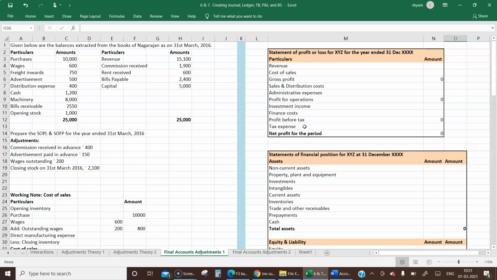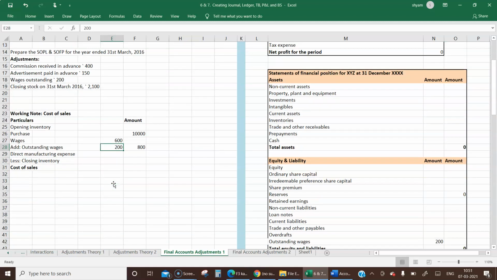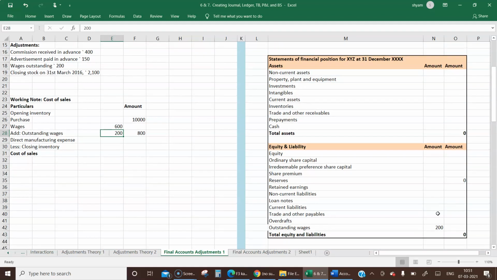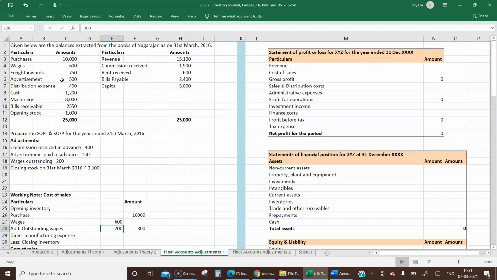Okay, so we have to show the outstanding in two places. Once we have shown it in the cost of sales, and the other one we have shown on the liability side. Okay, so next we'll move.